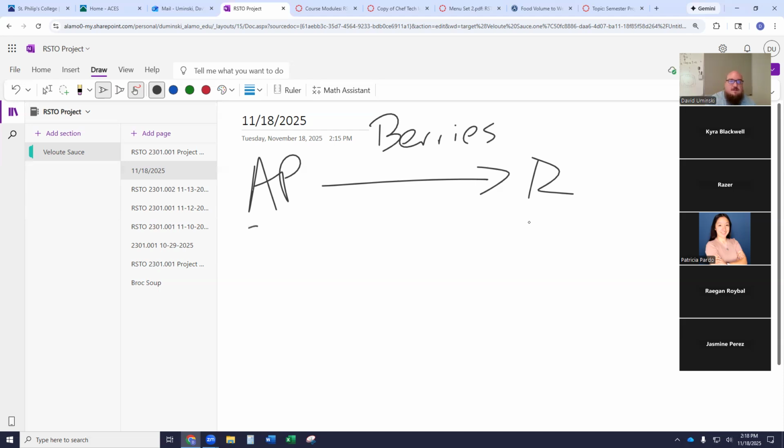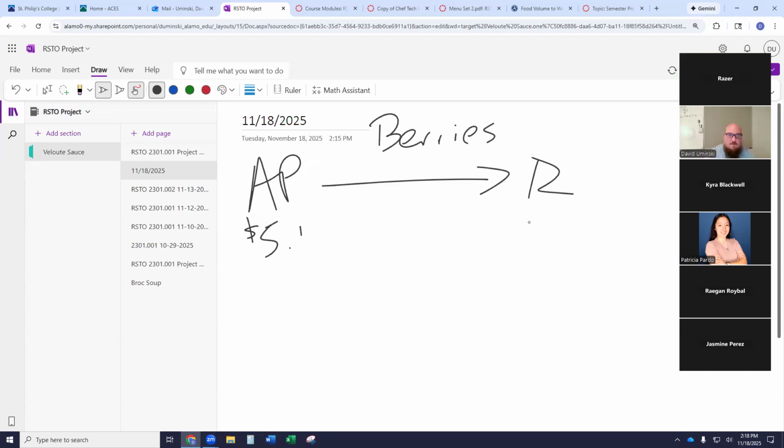I think it's 5.11 per 12 ounces. And what's the recipe amount that we need? It's 1.5 quarts. Okay, try typing.